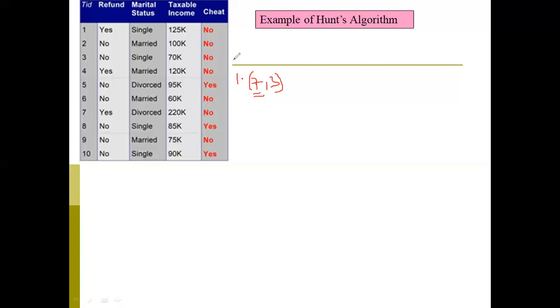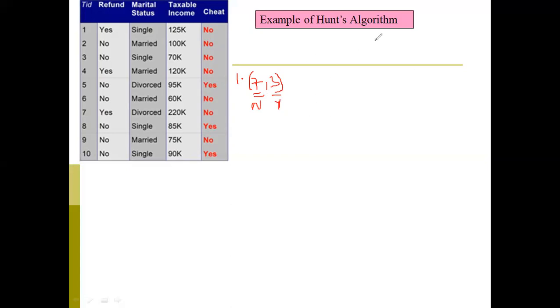In the first step, we have checked the total number of class labels. I mean here 7 no's are there and 3 yes's are there under this table, isn't it?